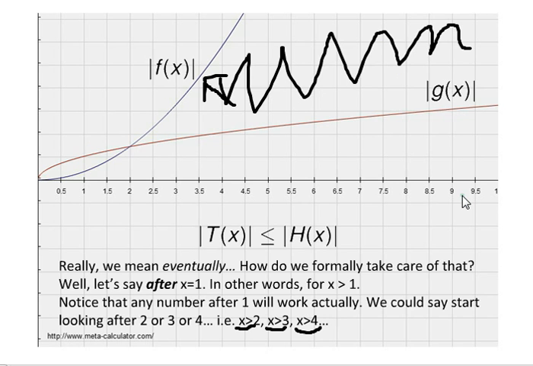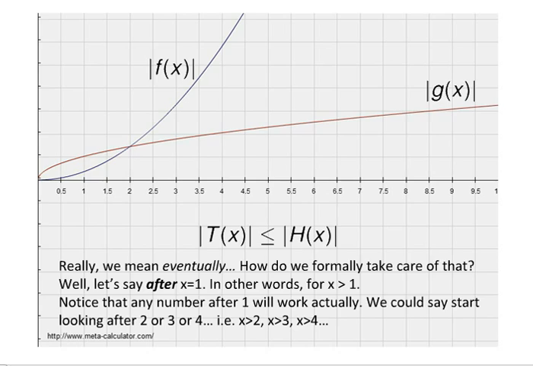So the definition of big O notation doesn't say find the smallest number where it starts to work. It just says after some number. I could say for x greater than 1, or just as easily for x greater than 2, x greater than 3, x greater than 10. It doesn't really matter. You've got to think big picture. Just as long as after some point, you can say for certain that after this number, my hare function is going to be greater than and stay greater than my tortoise function, then we're in business.